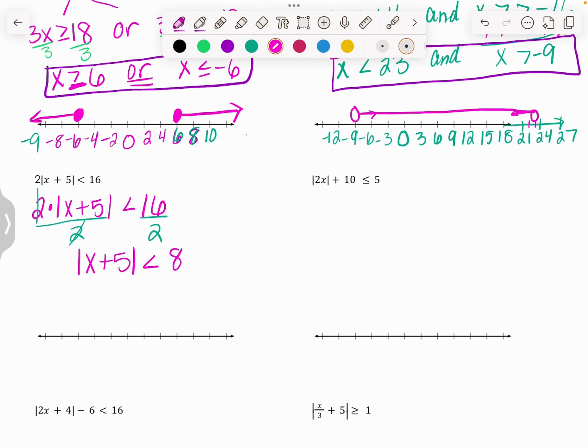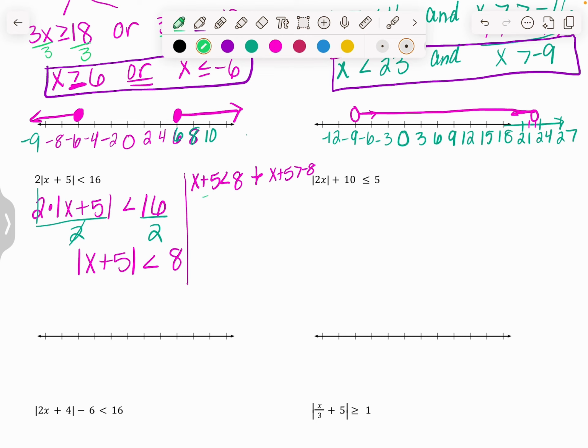So we're going to have x plus 5 is less than 8, and we keep the original one the same. And then you have x plus 5 is greater than -8. So then you have both situations: the original, and then you flip the inequality and make it negative.